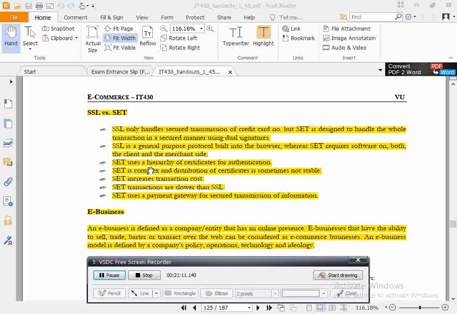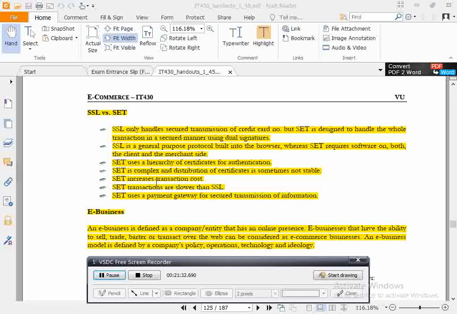SET uses a hierarchy of certificates for authentication. SET is complex and distribution of certificates is sometimes not stable.